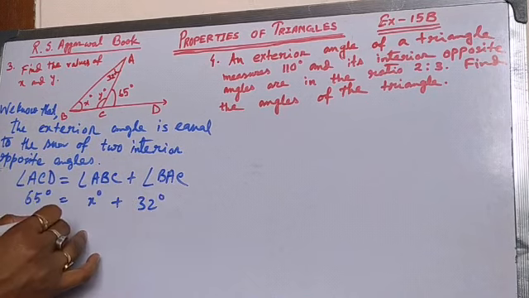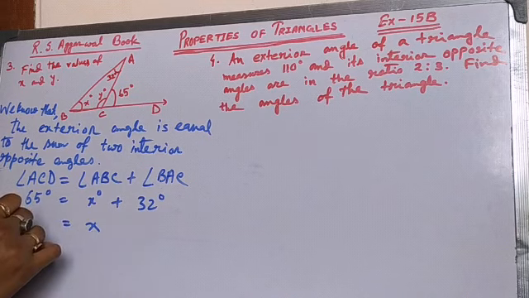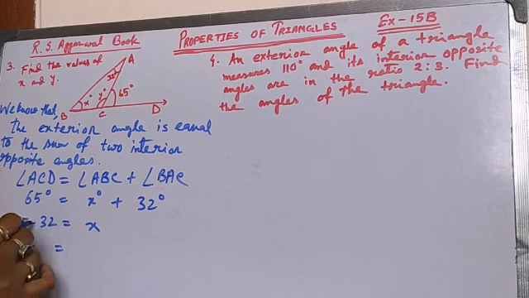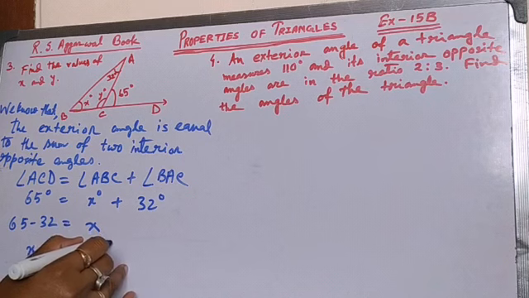So x goes to the other side of the equal sign, that means 65 minus 32. Writing x equal to, after subtracting I get 33 degree.